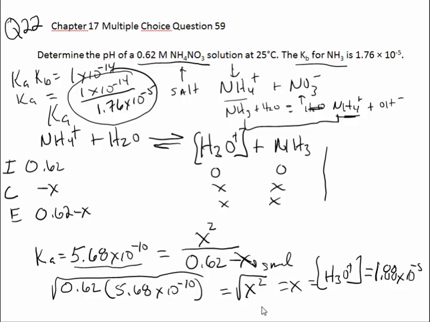So the pH equals minus log of that 1.88 times 10 to the minus 5th. And that's our answer for number 22.